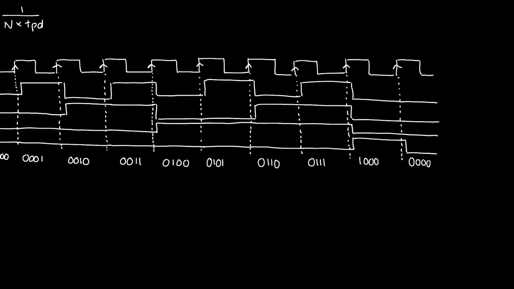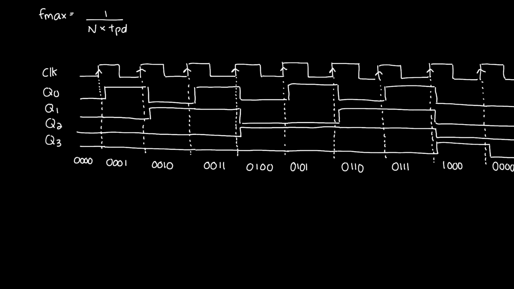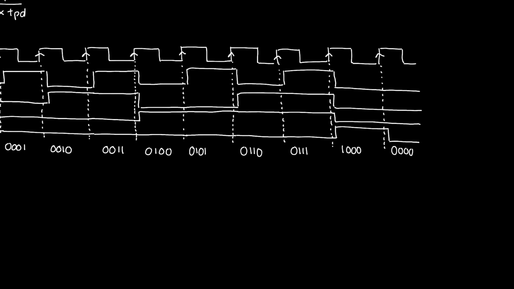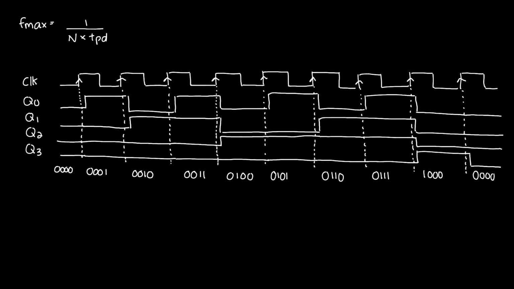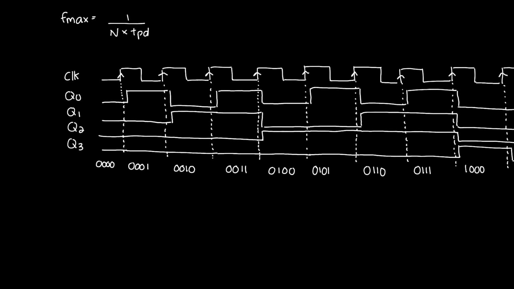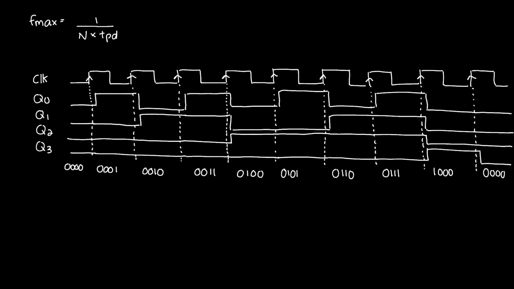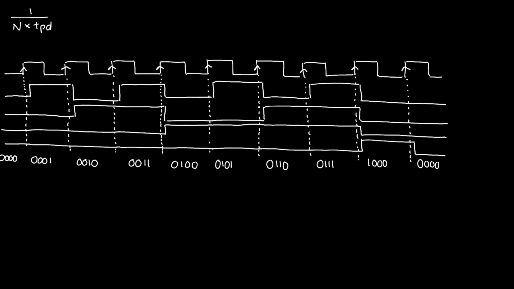Now, the other thing that I want to mention is I can see that unlike a natural mod counter, a non-natural mod counter does not have a 50% duty cycle at all of its Q outputs. So while I see that Q0 is sort of 50%-ish, until we get over here.